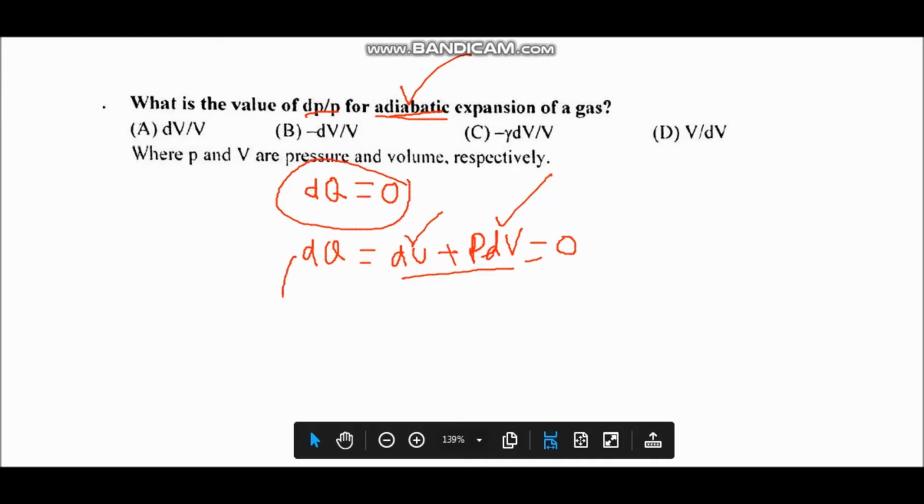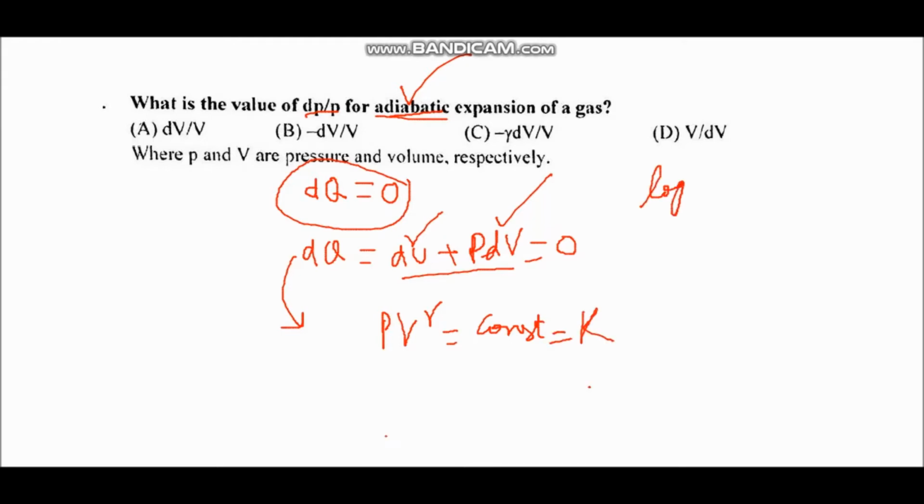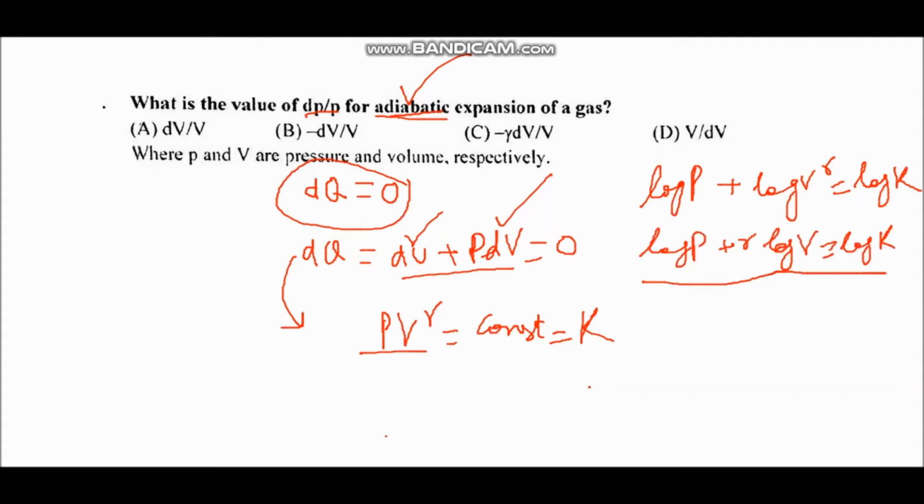From this condition we further derive the adiabatic condition, which is PV to the power gamma is equal to a constant. Let us say the constant is K. Now let us take the log on both sides using the formula log AB equals log A plus log B, so log P plus log V to the power gamma equals log of the constant K. Now we differentiate this equation partially.